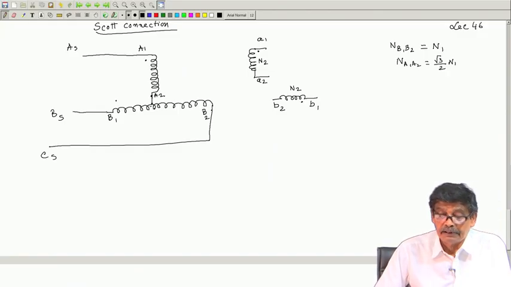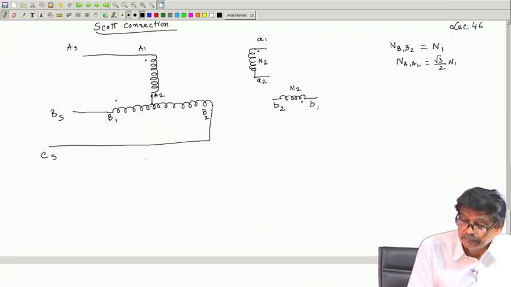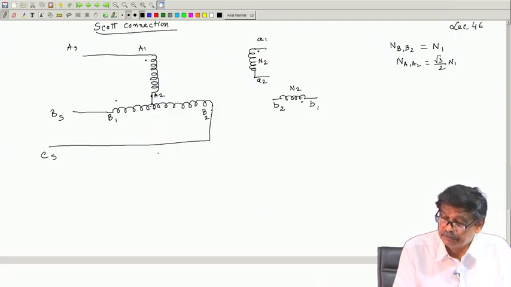Okay. And we drew the phasor diagram. It is better we draw that.